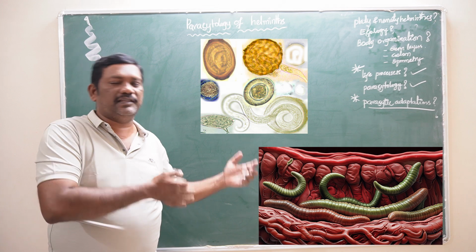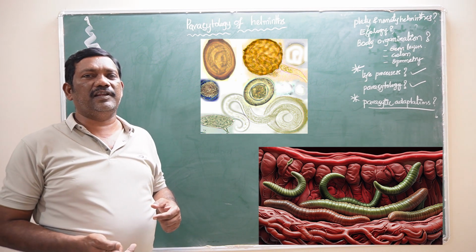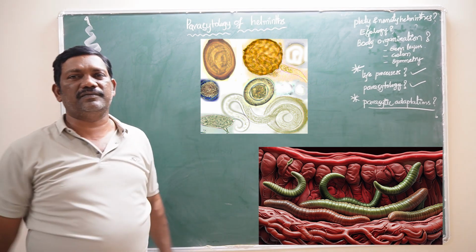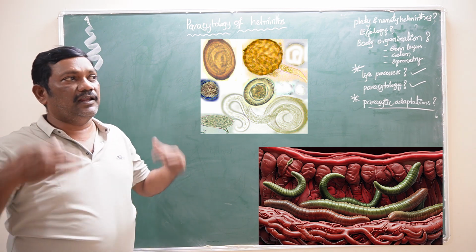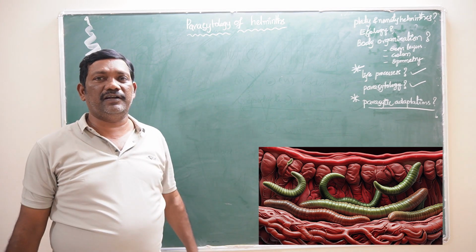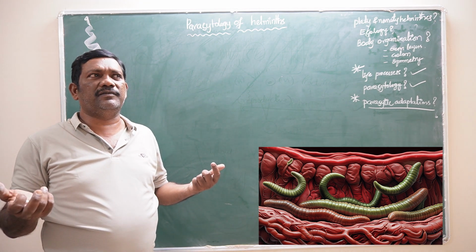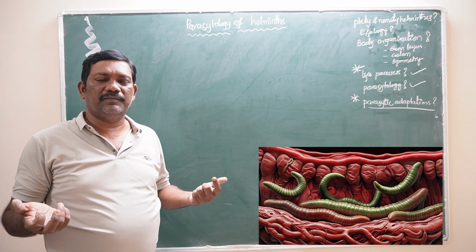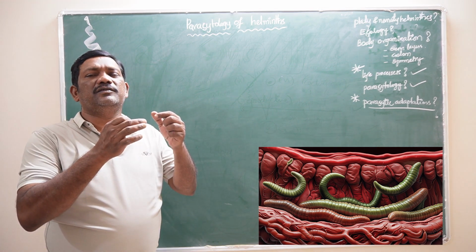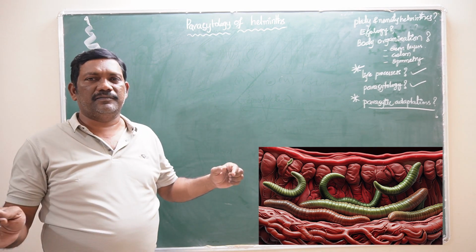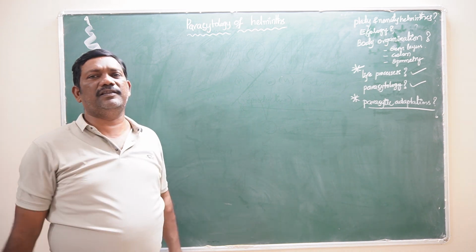In anaerobic condition, they can get only a very little amount of energy. That energy is utilized by these parasites. There is no need of a huge amount of ATP molecules for them. Why is there no need of more energy? Because they are doing nothing. There is no work for them.